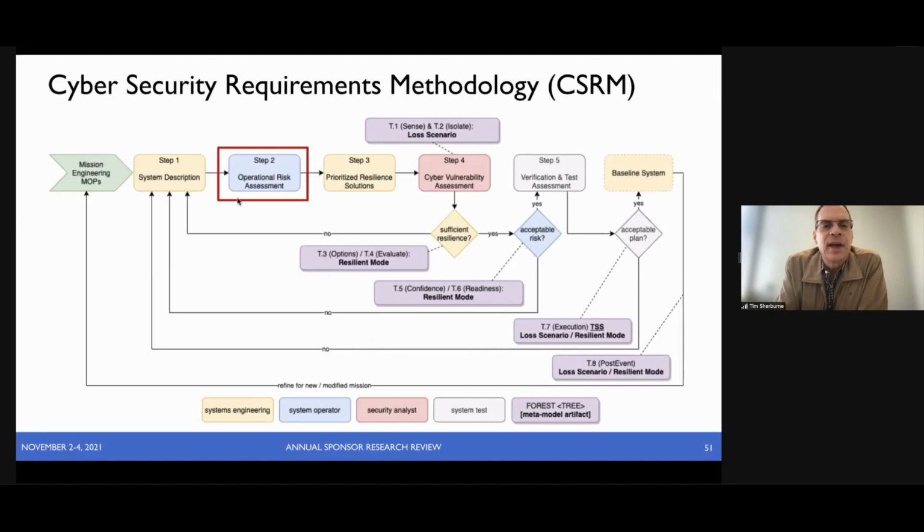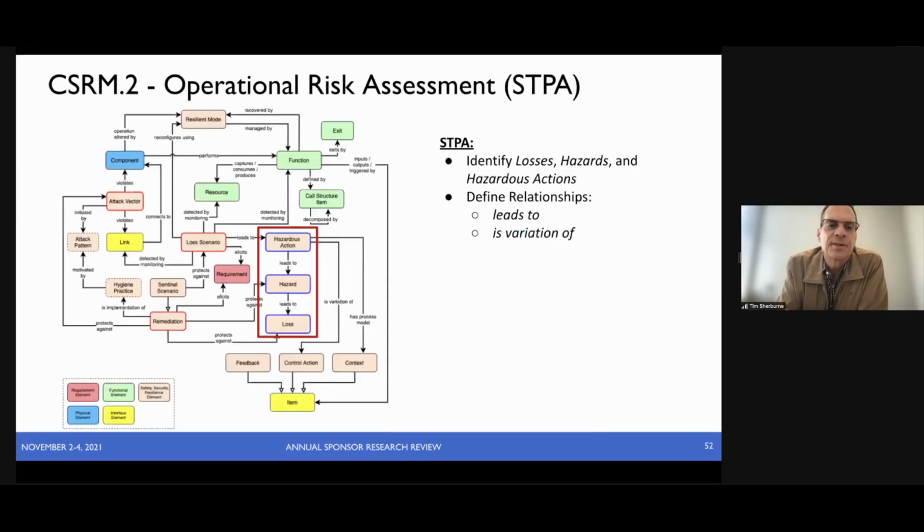Now, based on that, we'll start to look at the specific risk assessment for Silverfish. These are the STPA artifacts of losses, hazards, hazardous actions, and the relationships between them.